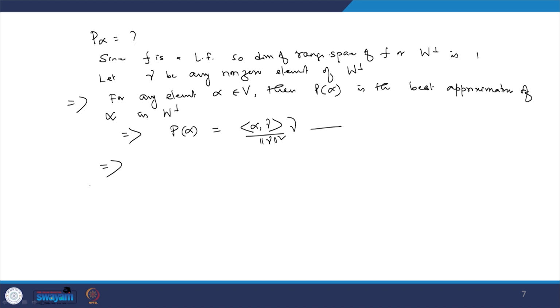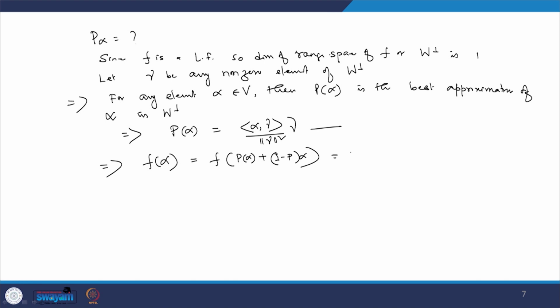So this implies f of alpha, I can write, is equal to f of P alpha plus (I minus P) of alpha, which is equal to f of P alpha only, because I minus P operating on alpha will be in W, that is the null space of F. So that will definitely be orthogonal to gamma.